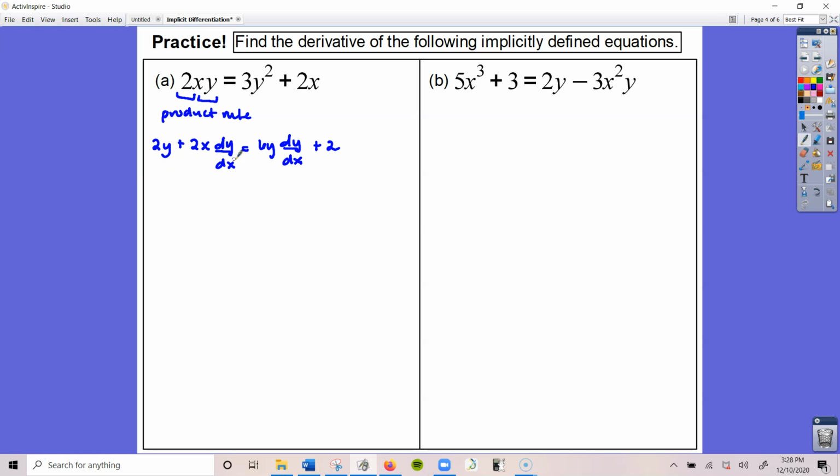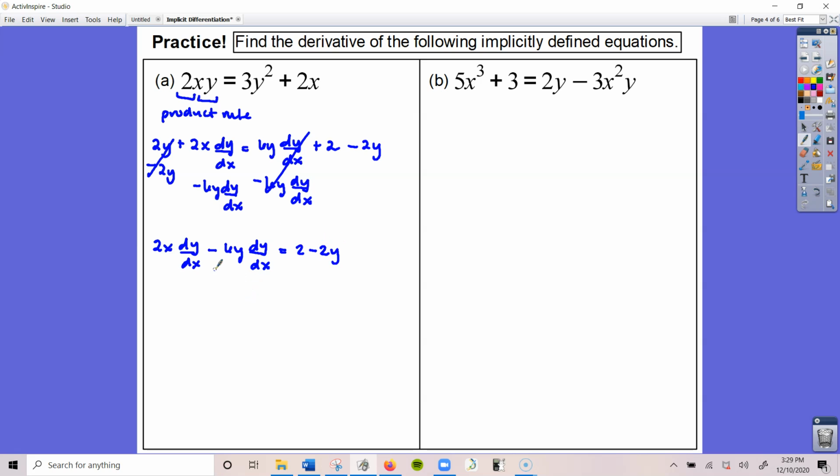So here I'm going to go ahead and subtract this 2y to this side. And then I'm going to subtract this 6y dy/dx over to the other side. So now what I have is 2x dy/dx minus 6y dy/dx is equal to 2 minus 2y.